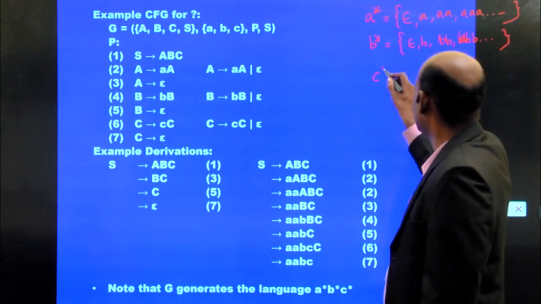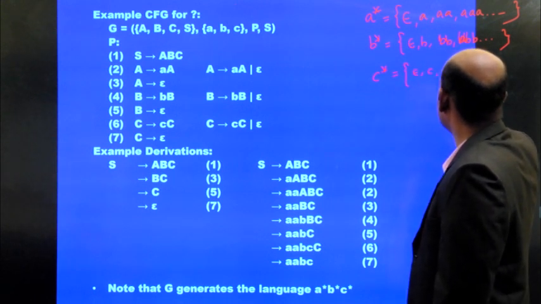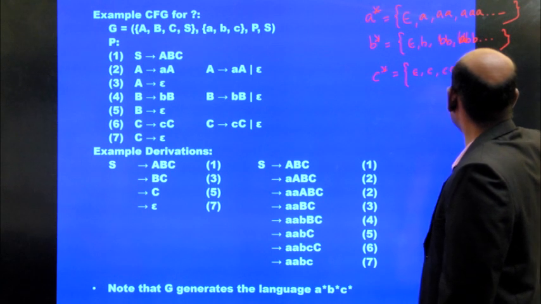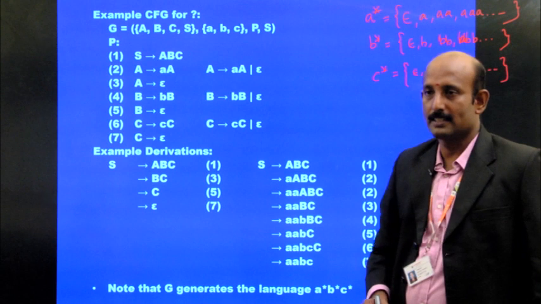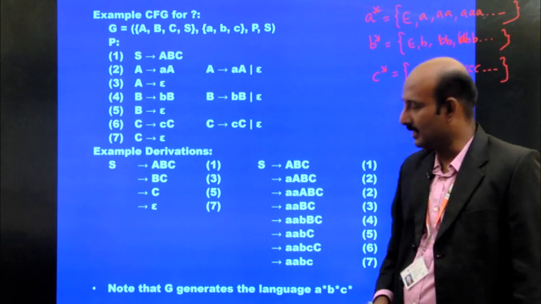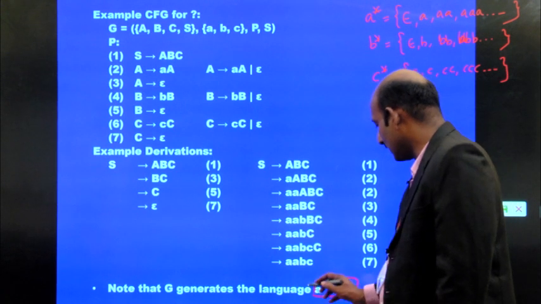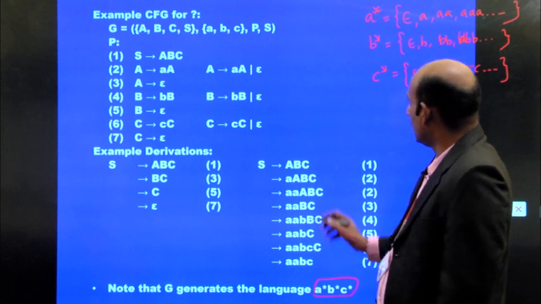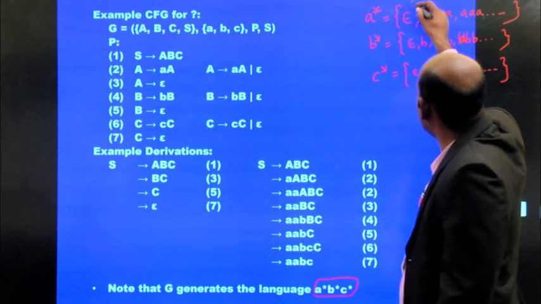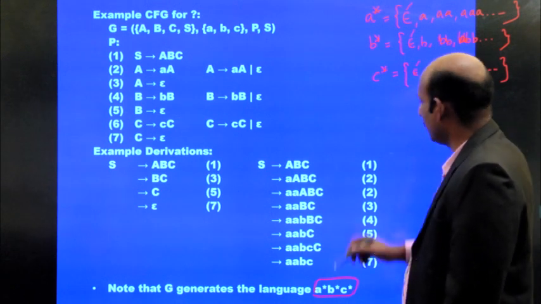Similarly for C star also: epsilon, small c, CC, CCC, like that. This is the meaning of A star, B star, C star. So the language generated is A star, B star, C star, because A star can become epsilon, B star can become epsilon, and C star can also become epsilon.